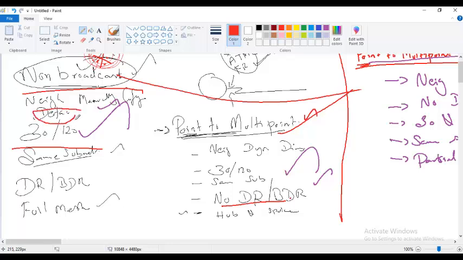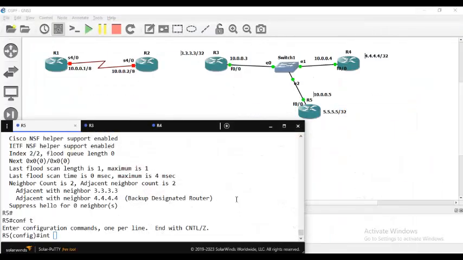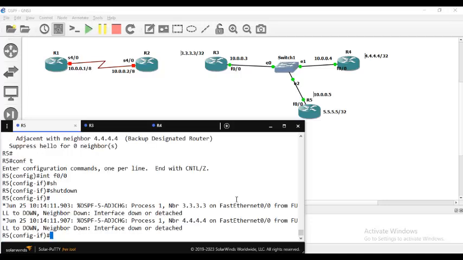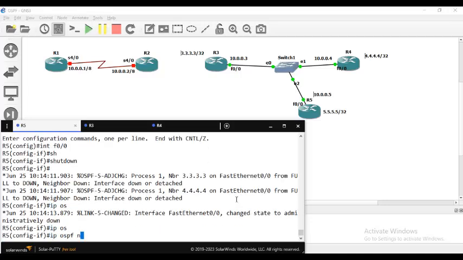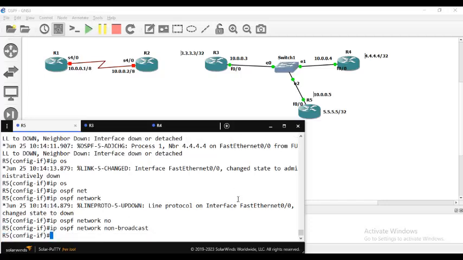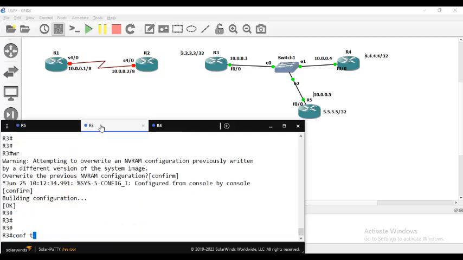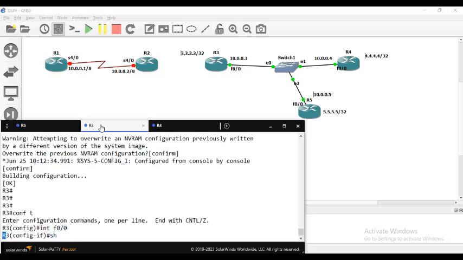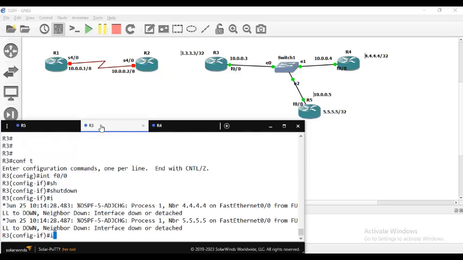Now I'll go to F00 and shut down the port for some time. Then I'll say IP OSPF network type non-broadcast. I'll also do the same on the other router. IP OSPF network type non-broadcast.